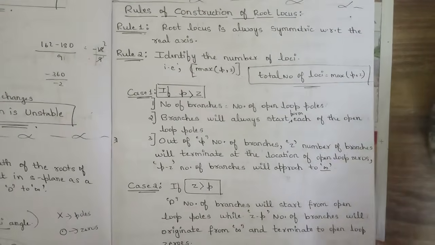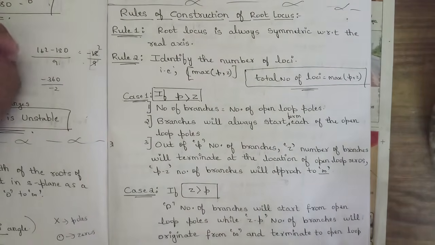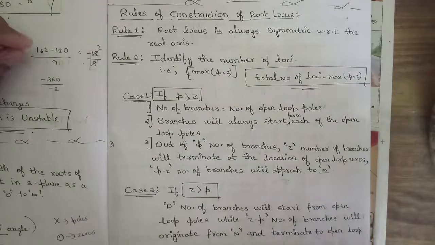Now comes the very important part which you should not skip, that is, the rules of construction of the root locus. How do we construct the root locus in the graph? Before constructing the root locus in a particular S-plane, we need to know certain rules.